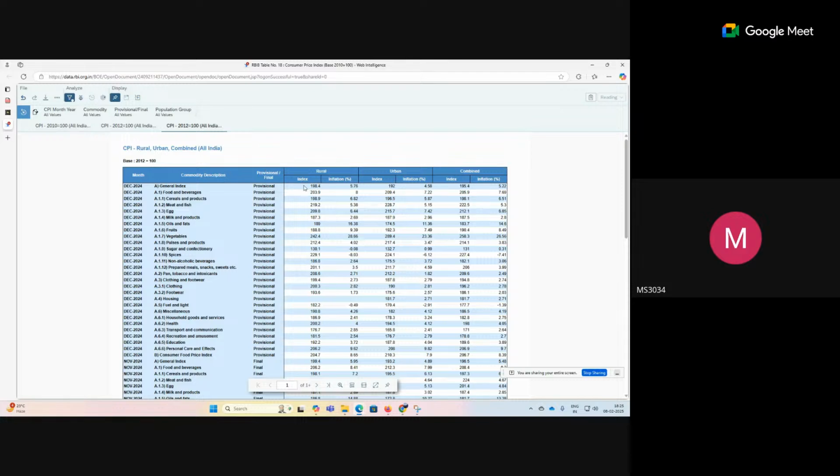And here you can see the index value and the inflation also. The annual inflation is calculated. So what do we mean by that? If you are calculating inflation for December 2024, then you will use the price index in December 2024 against the price index in December 2023, and from that you will calculate this inflation.